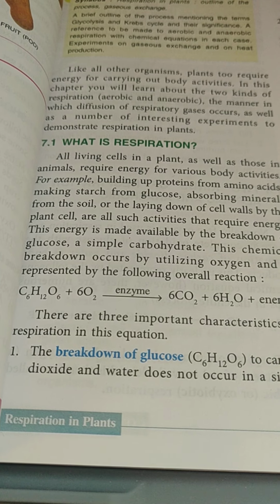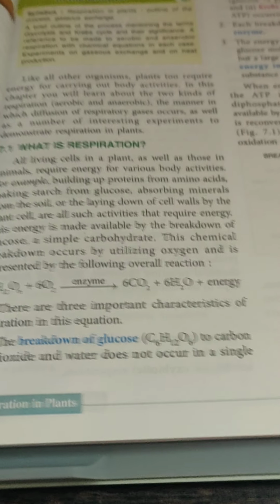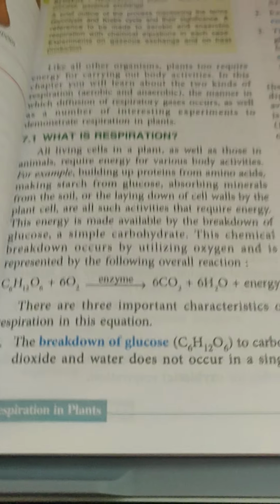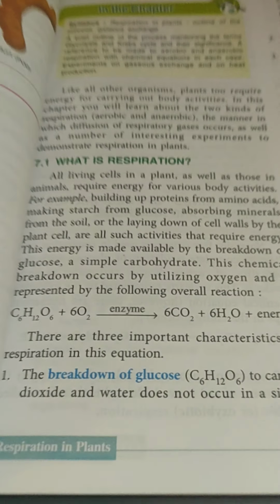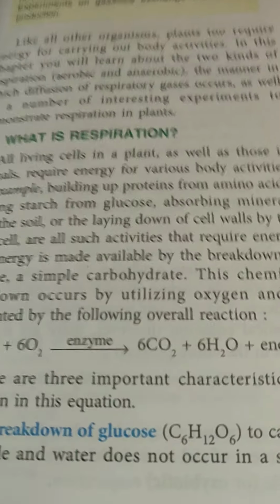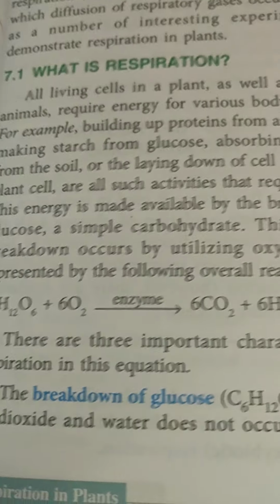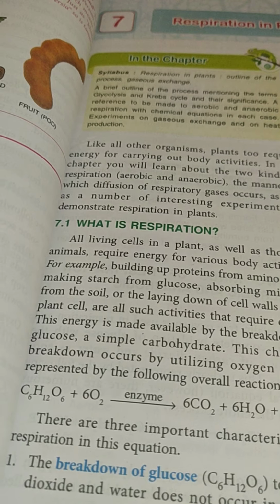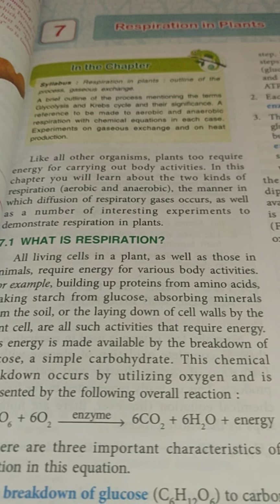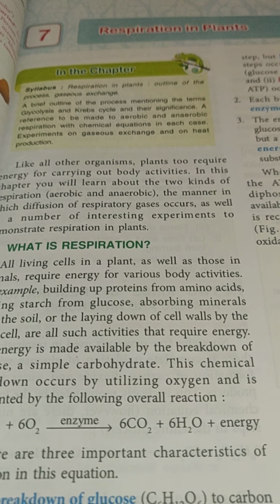So, there are a few characteristics of respiration that we need to know before we go deeper into it. As I told you, this breakdown of glucose takes place in a series of chemical steps. Now, there are two major phases in which these steps are divided.